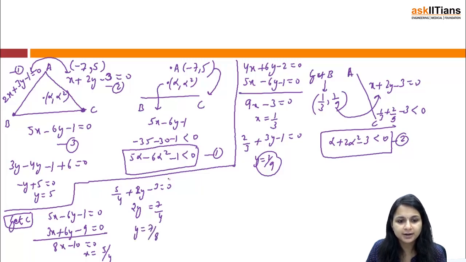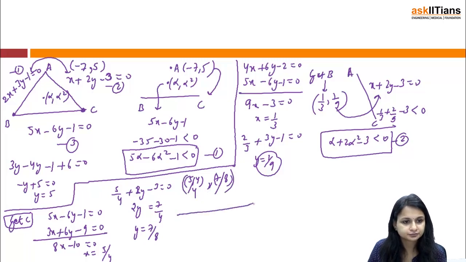Now I put the point 5 by 4 and 7 by 8 in which line? I have this line AB, so this is 2x plus 3y minus 1.